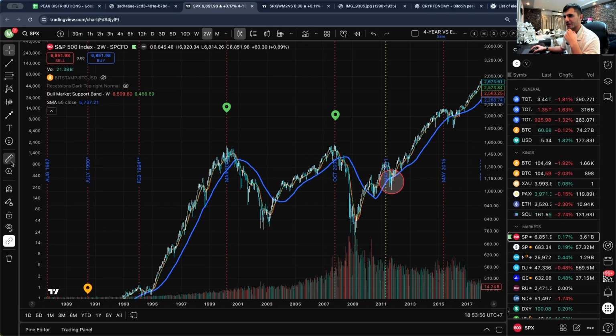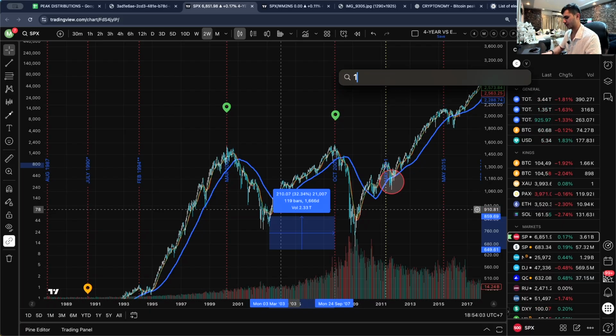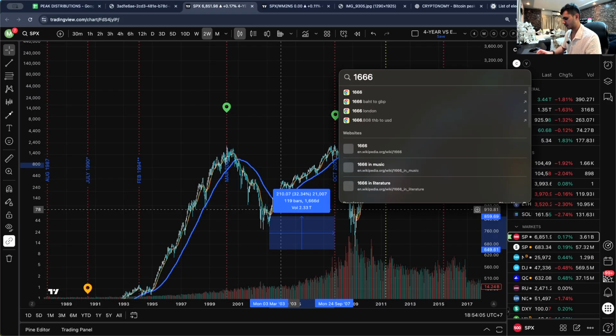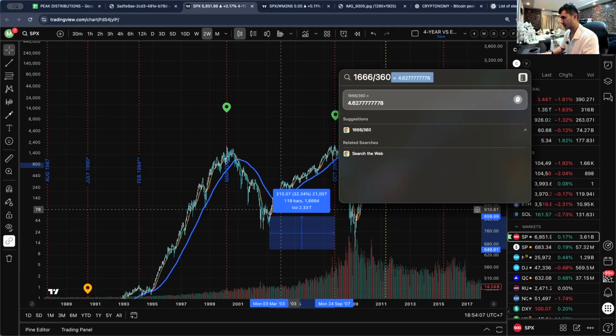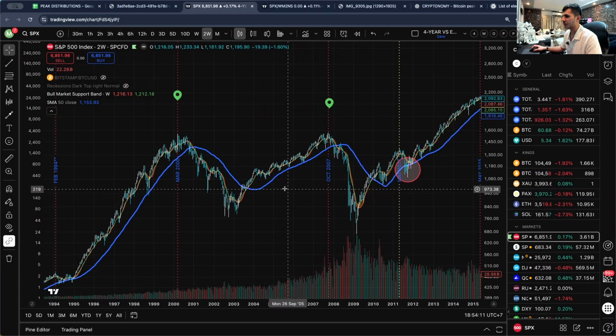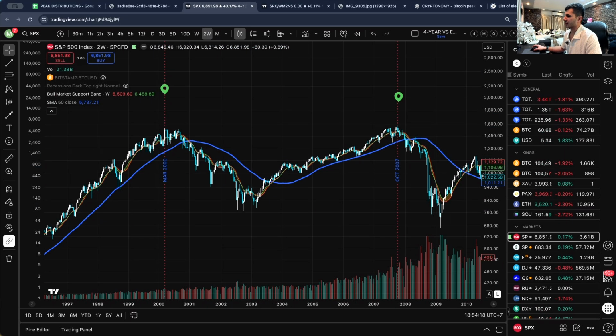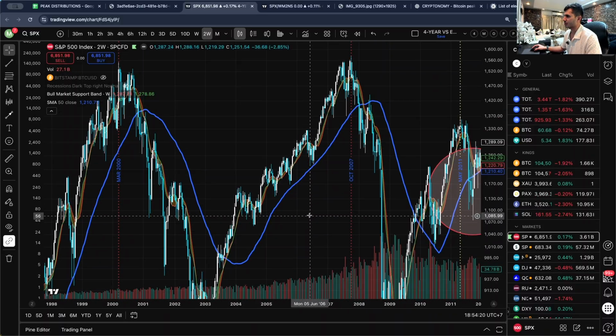That's why we had an elongated bull market, right? Of also 1,660 over, for example, 360, like a 4 year, right? And I don't know if that can be broken down, because that's also like what Bitcoin did here, 180 days, and it was a very similar structure to what Bitcoin did.